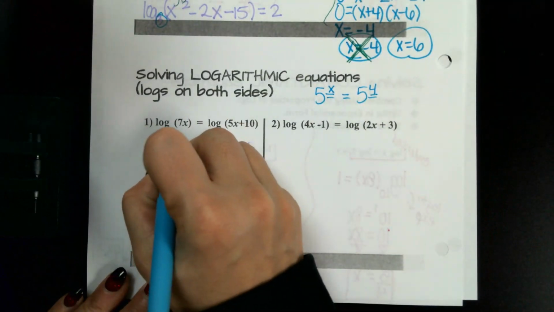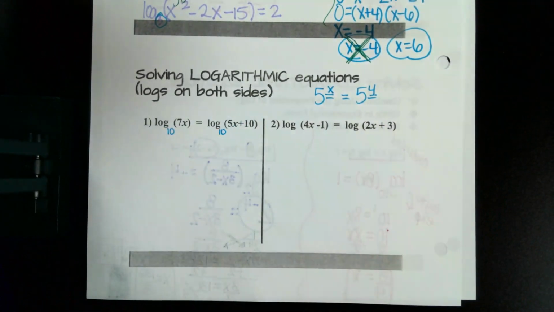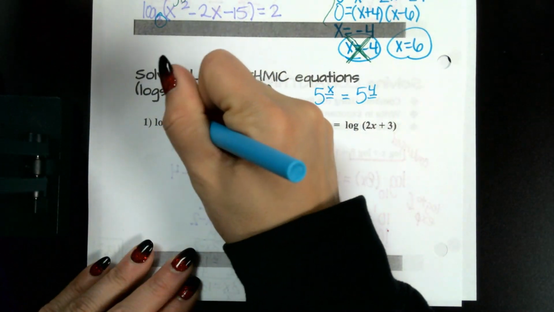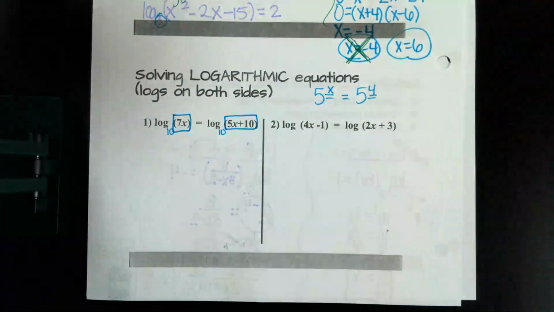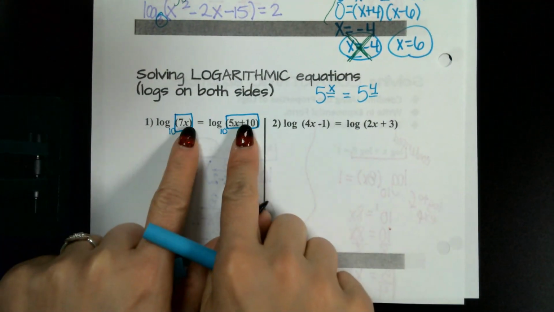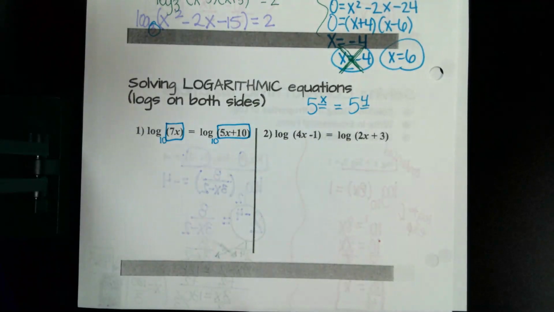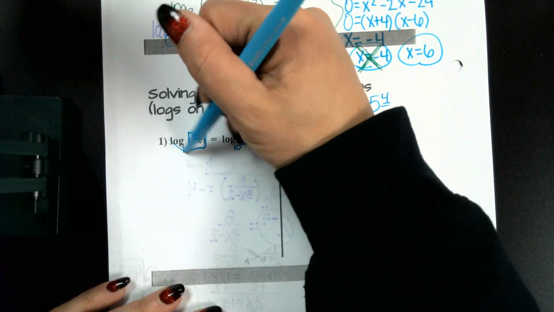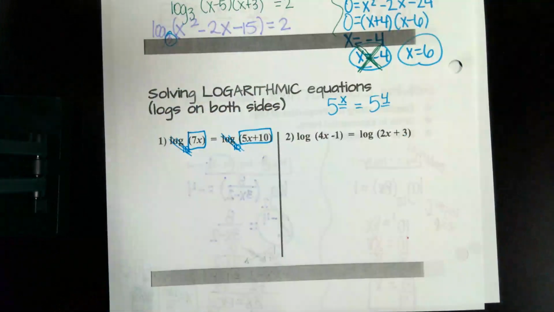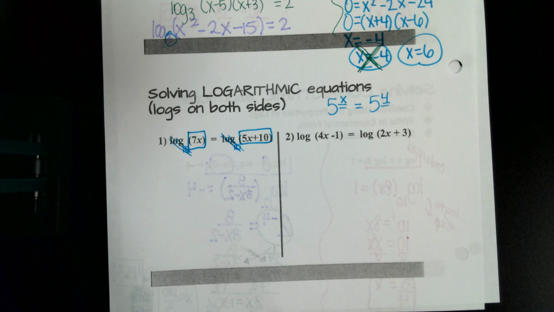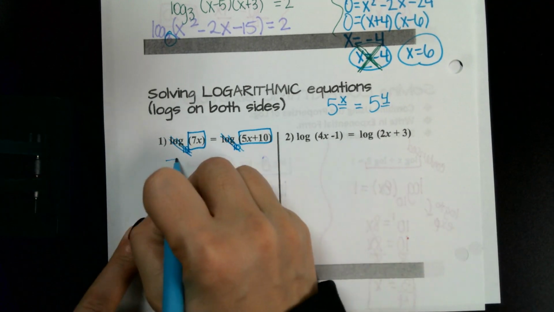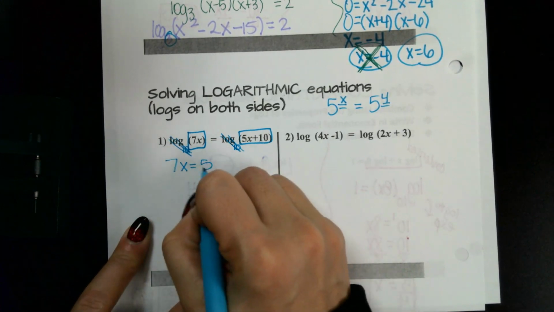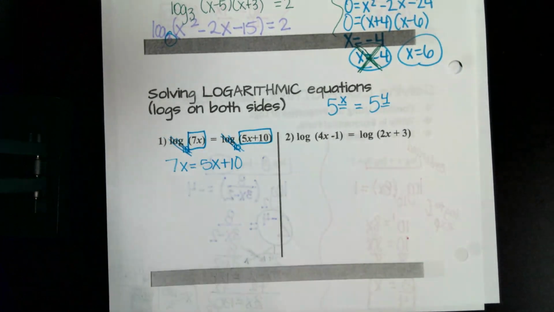If you have a log over here that's a base 10 set equal to another log base 10, doesn't that mean that this has to equal this? Even though they look different, wouldn't they have to be equal to each other? They'd have to. So essentially, if you have one log per side only, you get to ignore the log part of it, and you get to just set the two expressions equal. These are the simplest kind.